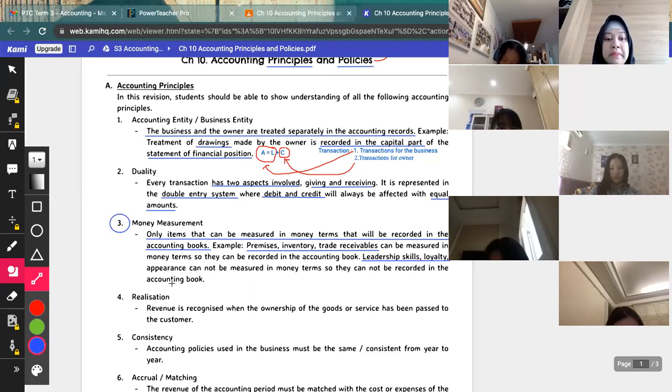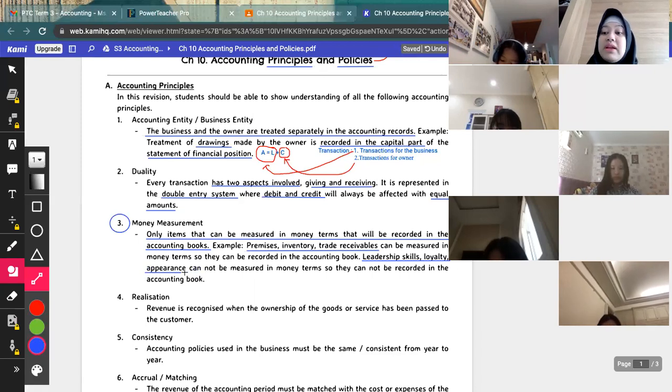Or even appearance. If you are in the production house business, appearance as an artist is really important. It's valuable. Whether this person is handsome or pretty or attractive, sweet or whatever it is, it is valuable to the business if you are in the production house.